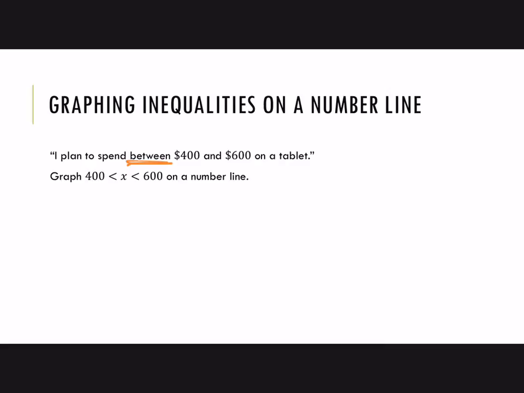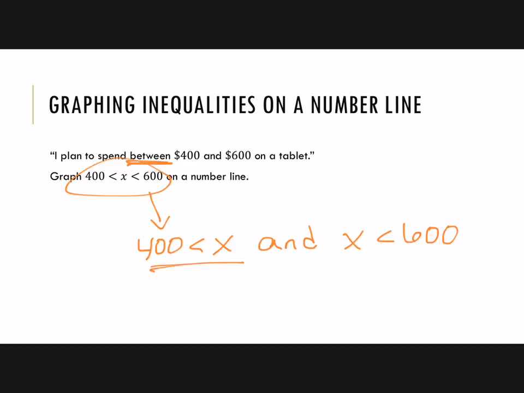Let's talk about different ways to write this. This is one way: 400 is less than x is less than 600. This is the same thing as saying 400 is less than x and x is less than 600. So we can break these up into two different parts. You can also flip the inequalities around. For this first one, maybe it's more natural to think of x on the left.